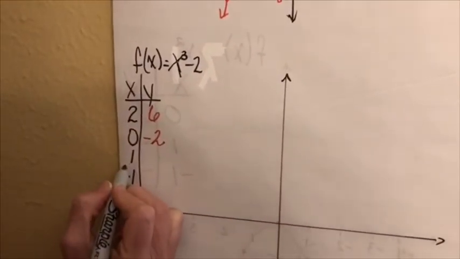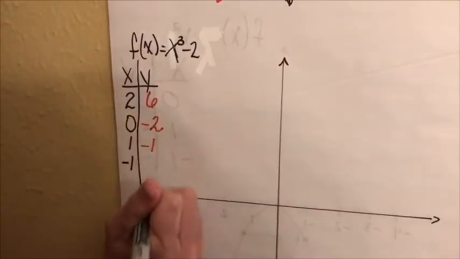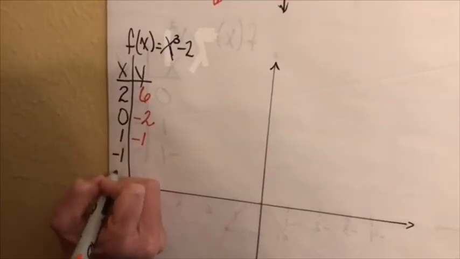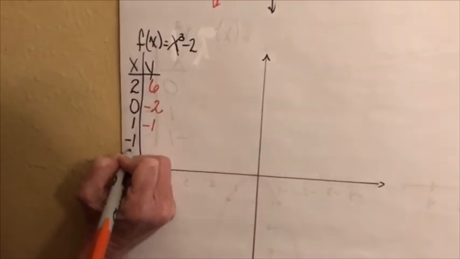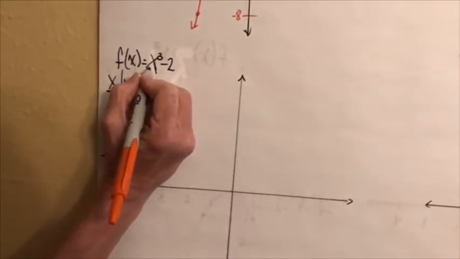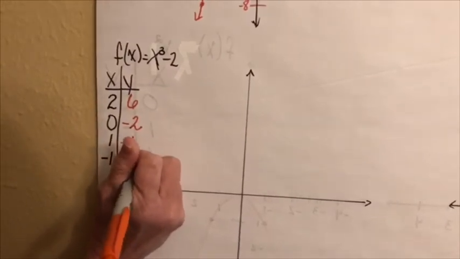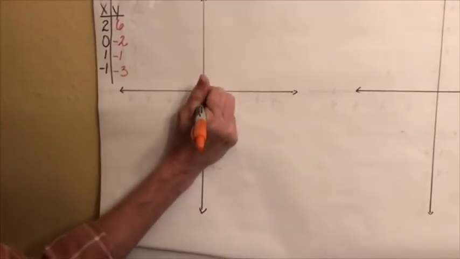When x is 1, y is negative 1, because 1 minus 2 is negative 1. And when x is negative 1, negative 1 cubed is negative 1. Negative 1 minus 2 is negative 3. So let's graph that.